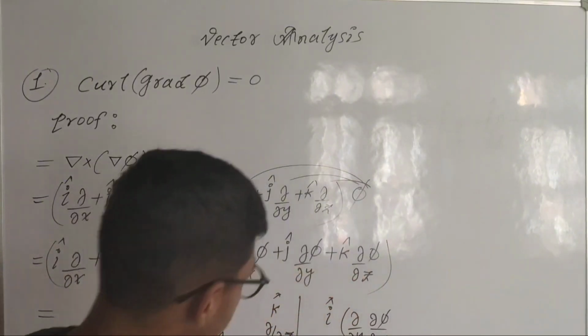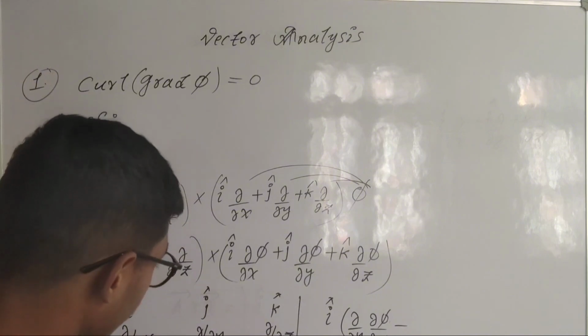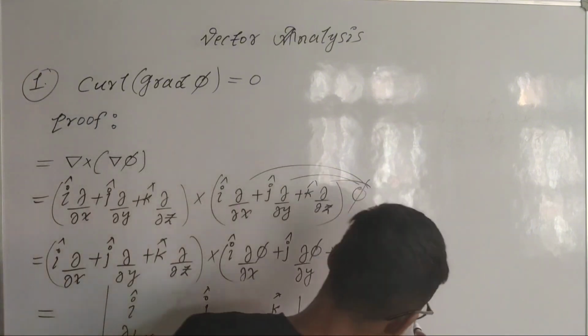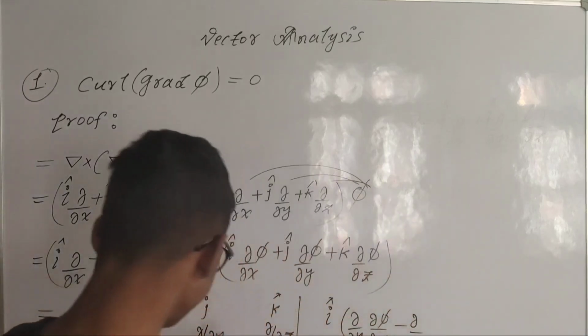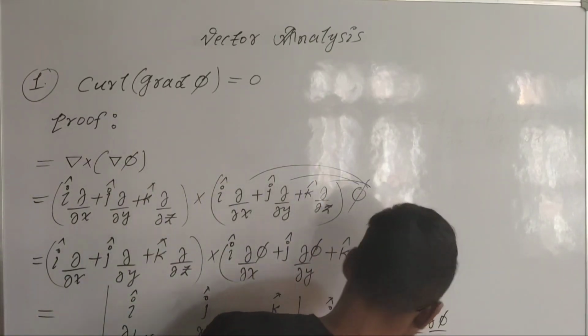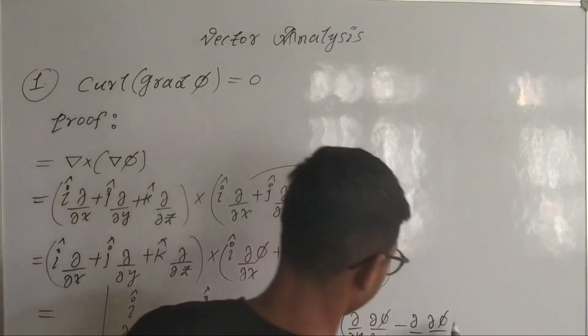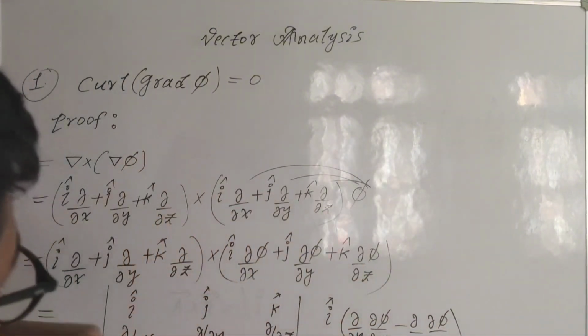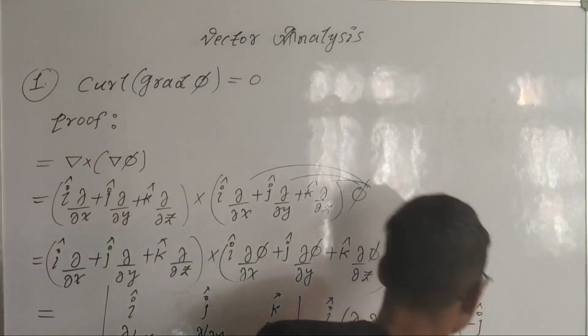I am multiplying this one, so I will be adding the negative sign over here. Then going upward, del by del z times del phi by del y. And for the j, we have to insert the negative sign.